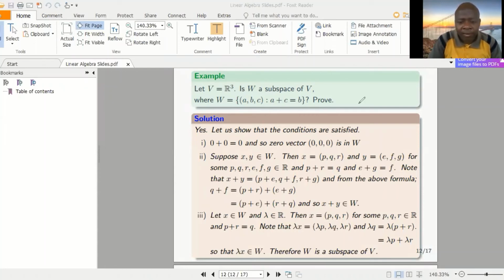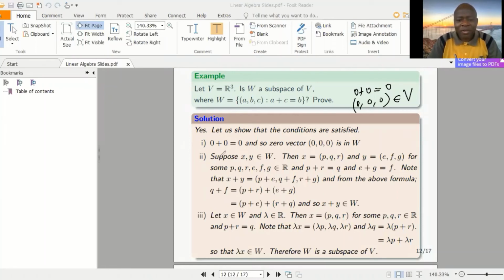If I have 0 plus 0, this will be 0. So the vector 0, 0, 0 is in W, because the sum of the first and third elements gives me the second element. So already we've shown that W has the zero vector, so it's not empty.